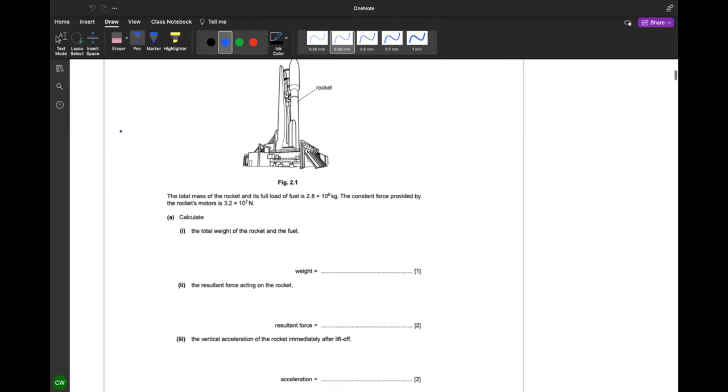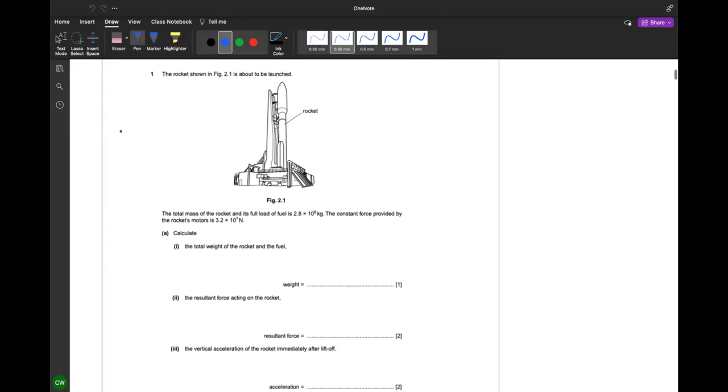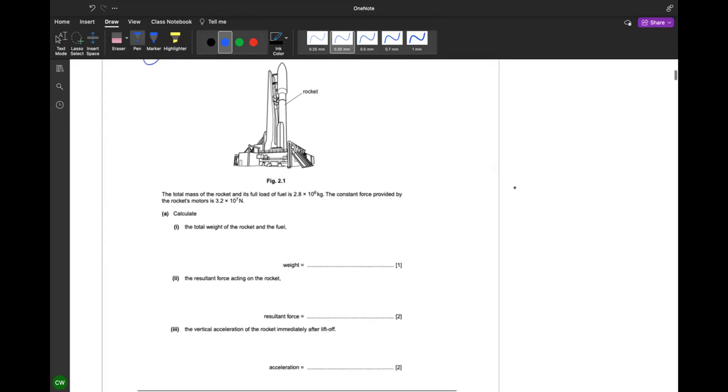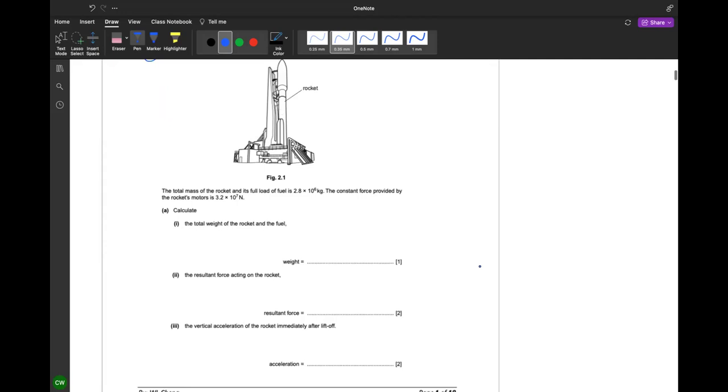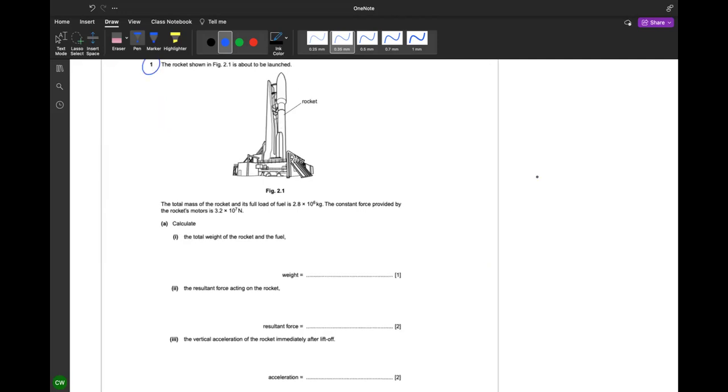I give you some time to try to work out this and this. See whether you can do question one or not. OK, let's see who can do this question one.